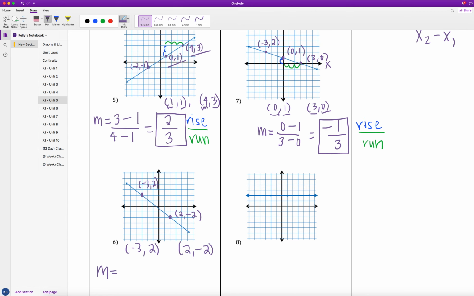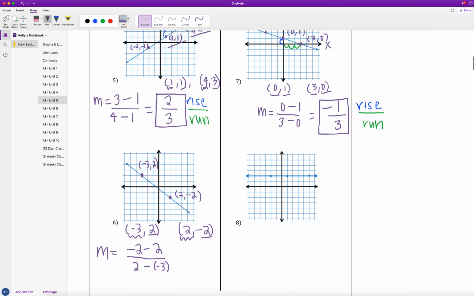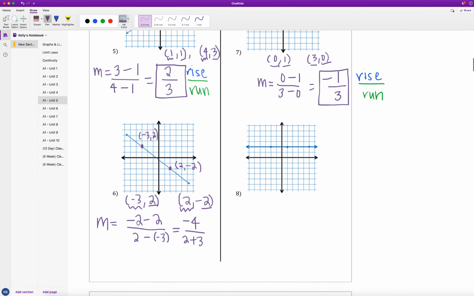I'll need y2, which will be -2, minus my y1, which will be positive 2, over x2 minus x1. Simplifying this down, I'll end up with -4 over 2 plus 3, which would give us -4 over 5. And I cannot reduce that any further, so that will be my final answer for slope.